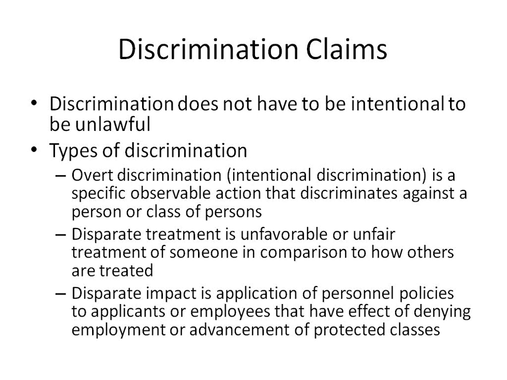So, discrimination claims. Again, discrimination does not have to be intentional to be unlawful, and a lot of times, this is where the ignorance part may come in. For those people who just, the way they were brought up, don't think they're being discriminatory, but they are. So the types of discrimination: overt discrimination, which is intentional, is a specific observable action that discriminates against a person or class of persons.